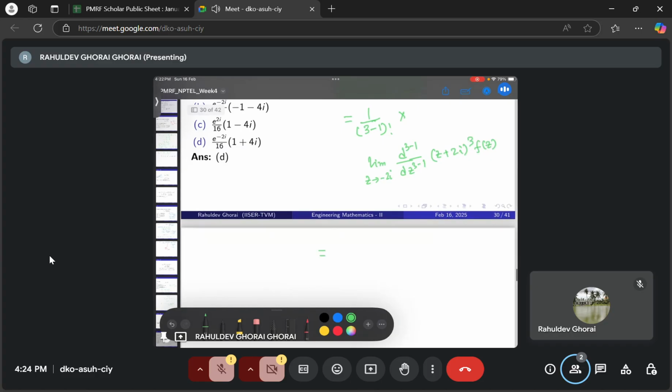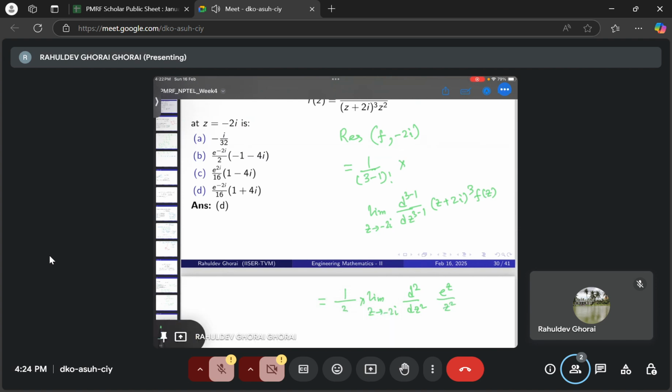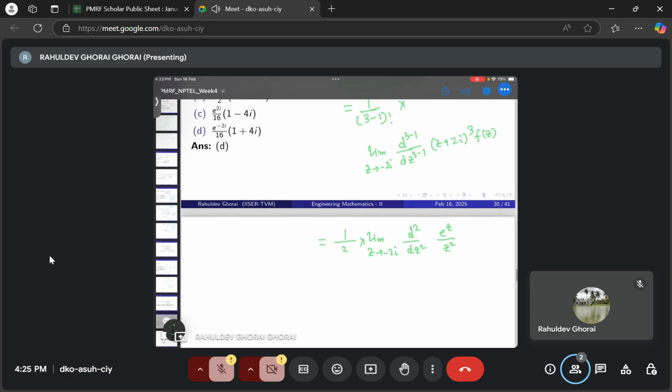What does that give? That equals 1 over 2 factorial, which is 2, times limit z tends to minus 2i of d2 over dz2 of e to the power z over z square. So that is 1 over 2 times limit z tends to minus 2i.